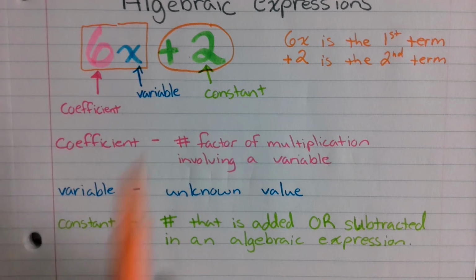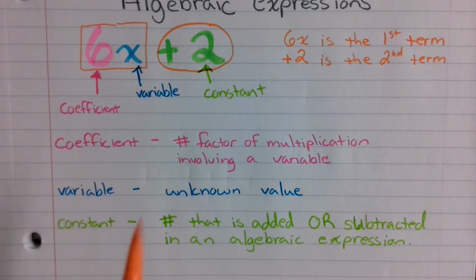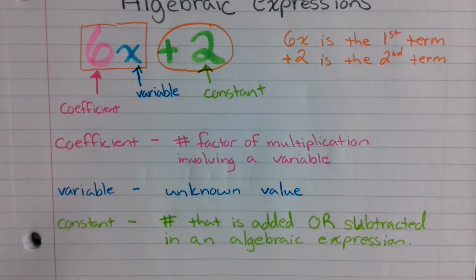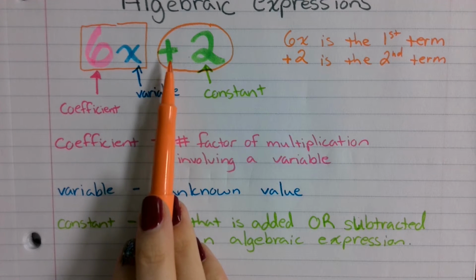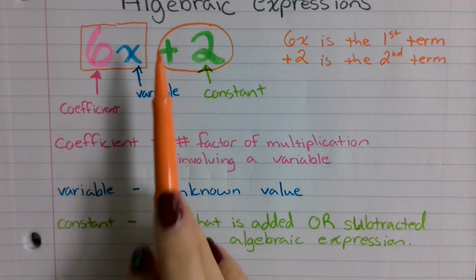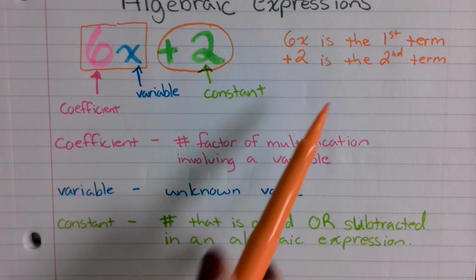You have to include the operation, the plus sign or the minus sign, because when you separate them as terms, it indicates whether it's a positive value or a negative value. If you don't include the plus sign or the minus sign, you might get it wrong, especially if you don't include the minus sign, because it would indicate that it's a negative term.